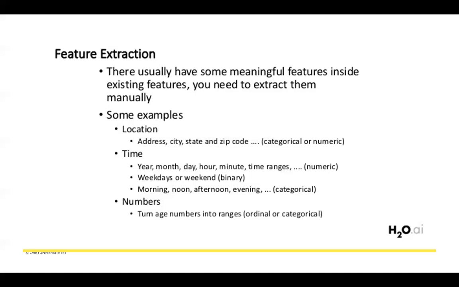And then, I mean, when you have time, it is the easiest thing to make features on, because there's so much information you can bring. If you have a time, you can bring the number of the year, month, date. You can also bring information on morning time, evening time. Was it a weekday? Was it a weekend?